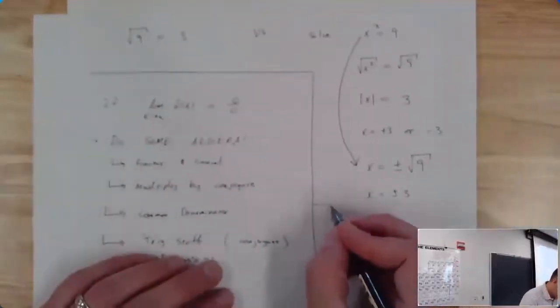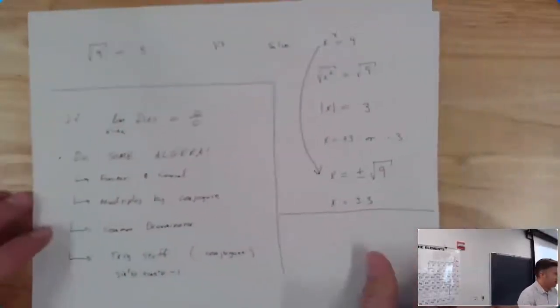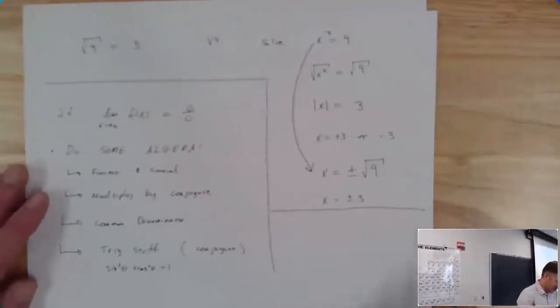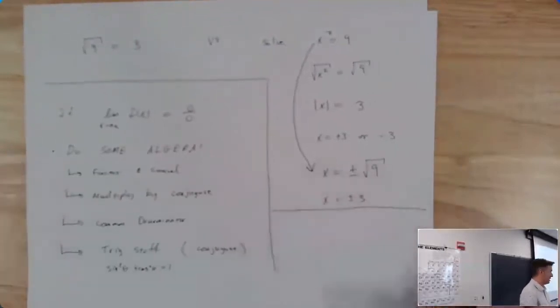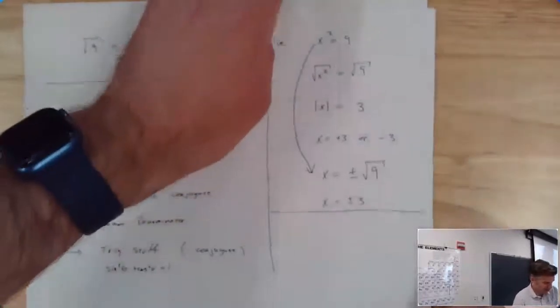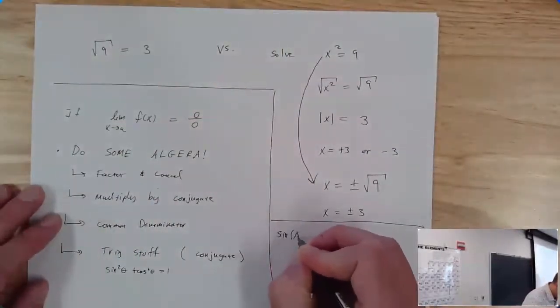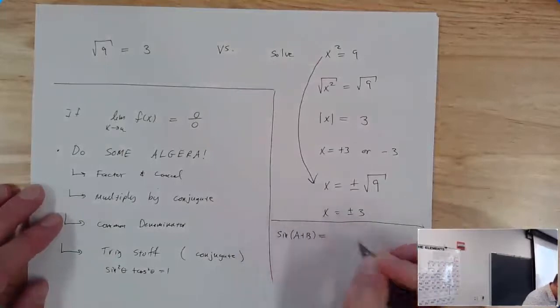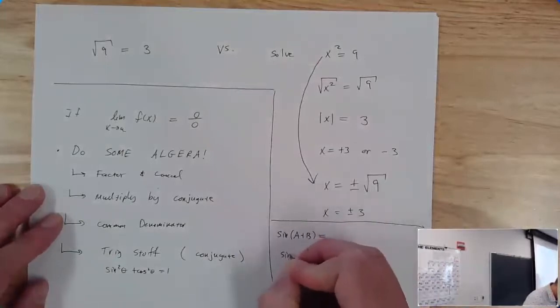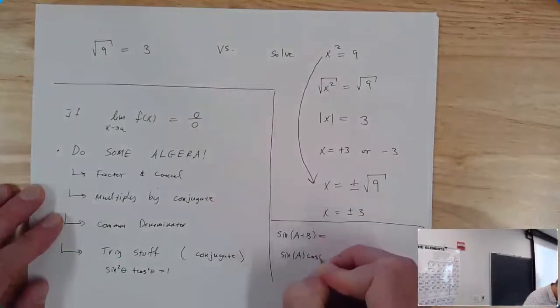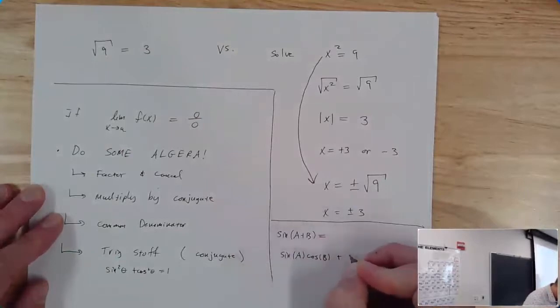Let me mention real quickly here. I know there's one other trig identity for sure that you're going to need, which is the angle sum identity for sine and cosine. I'll remind you all that sine of a plus b is equal to sine of a times cosine of b plus cosine of a times sine of b.